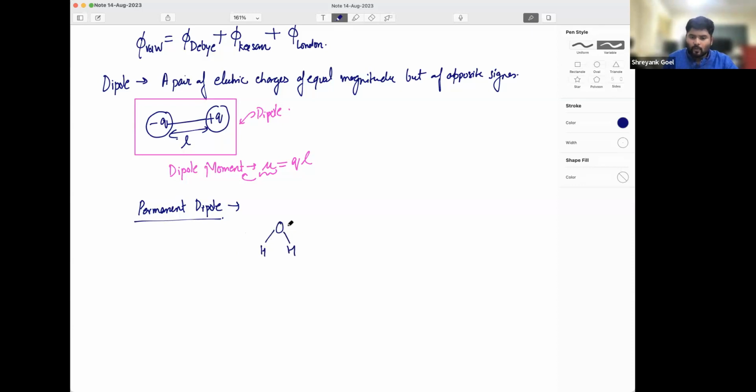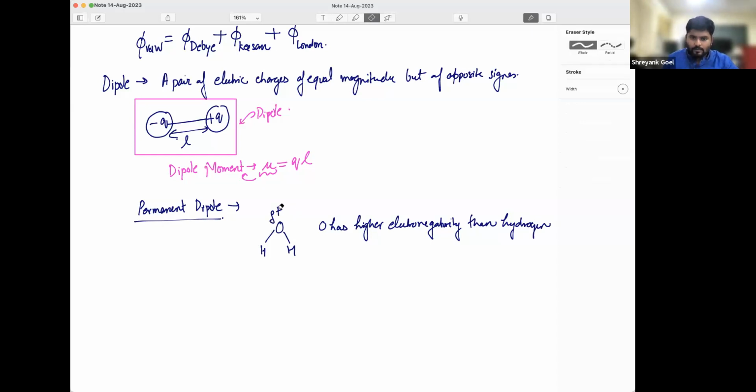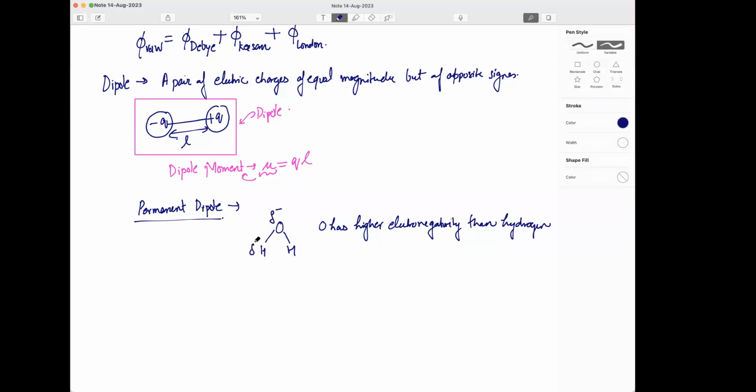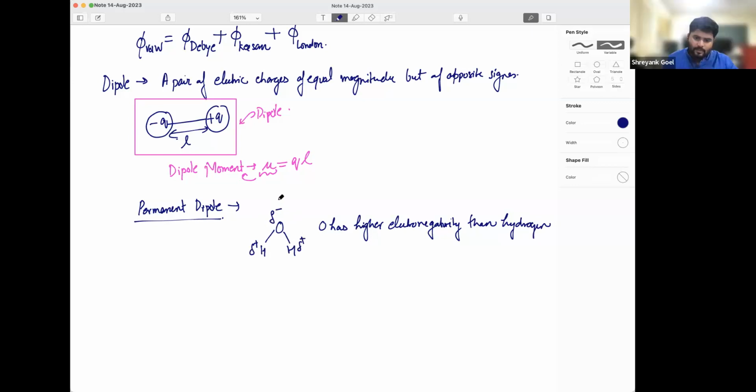Because O has higher electronegativity than hydrogen, it has partial negative and partial positive charges, and so these are the dipoles.